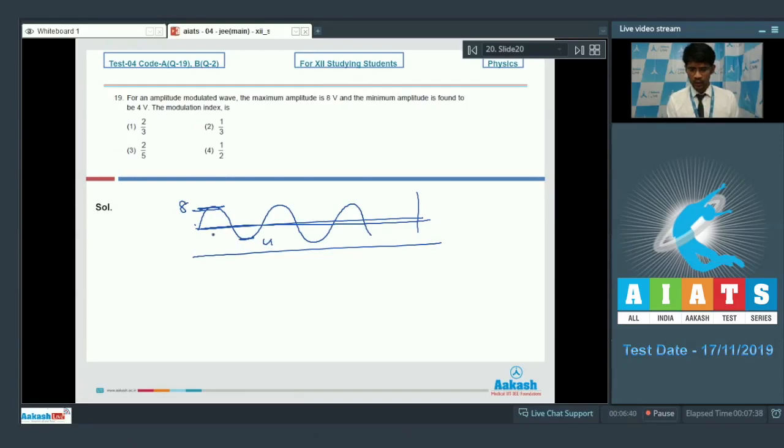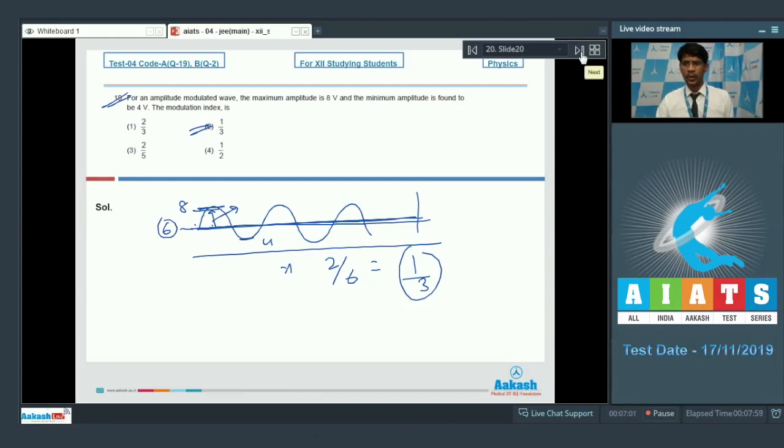It is 4. So definitely the average would be around 6 volt, and this change is how much? It is 2. So the modulation index is 2 divided by 6, which is 1 by 3. So for question number 19, option 2, that is 1 by 3, is the correct answer. Now proceed to question number 20.